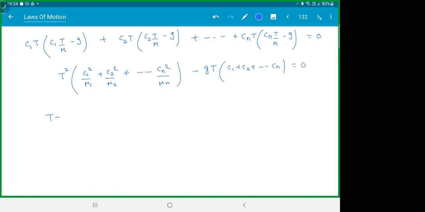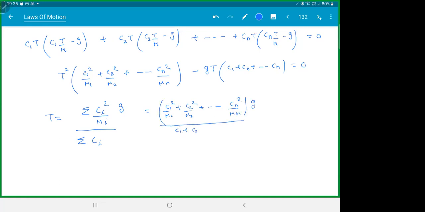So from here, if you take out T common, you end up with T equals sigma Ci times g by sigma Ci square by Mi. I wrote it wrong, I wrote it in reverse. So this is nothing but C1 plus C2 plus so on till Cn, times g, divided by C1 square by M1 plus C2 square by M2 plus so on till Cn square by Mn.